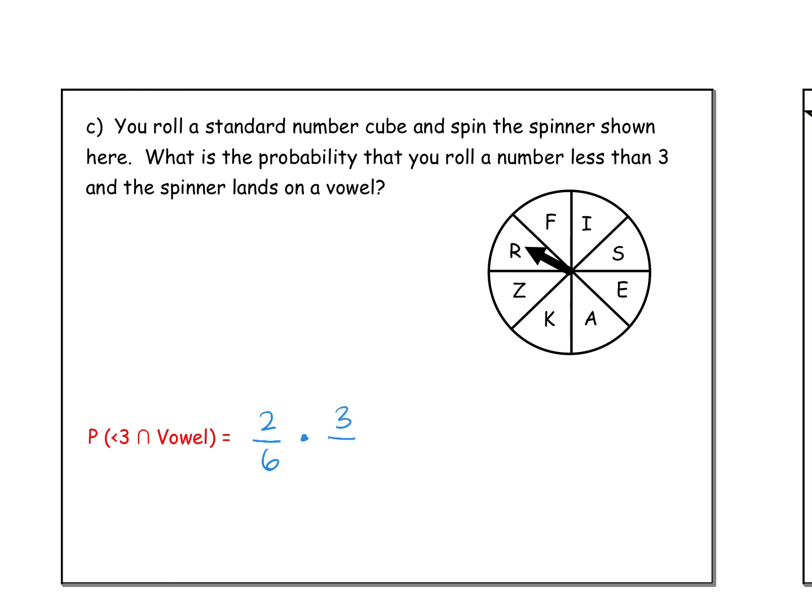Out of 8. Now we could reduce, we don't have to. We're going to multiply these two, and what do we get? 0.125, which is approximately 12.5%. About 12.5% of the time, you'll get a number less than 3 and spin a vowel. Any questions on that?